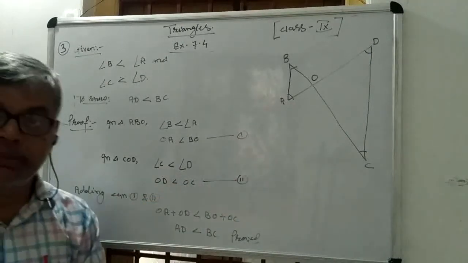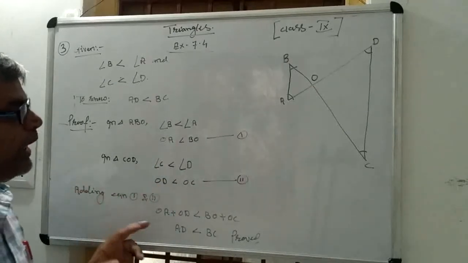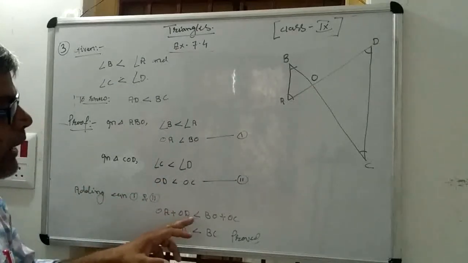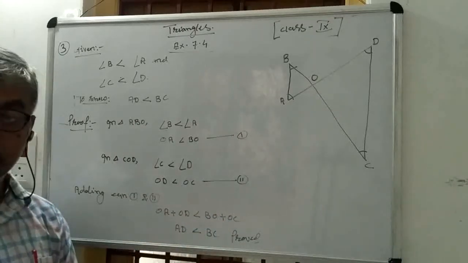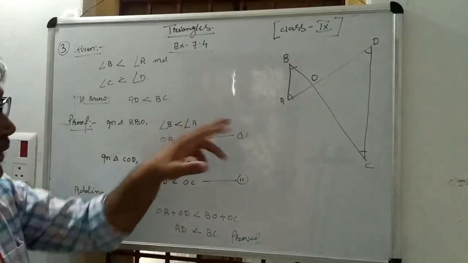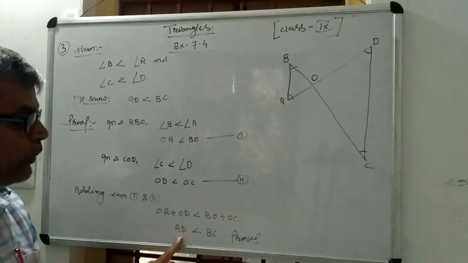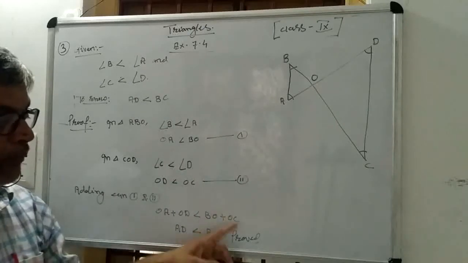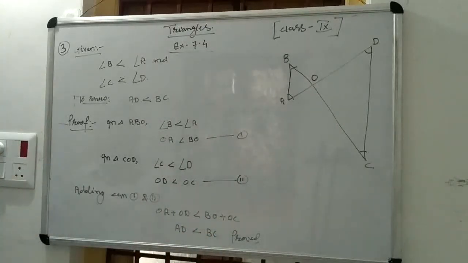This is your equation number 2. Now add equations 1 and 2, you will get OA plus OD is smaller than DO plus OC. So OA plus OD, you can see from the figure, is equal to AD, which is smaller than DO plus OC, that is BC. So in this way this question has been completed.